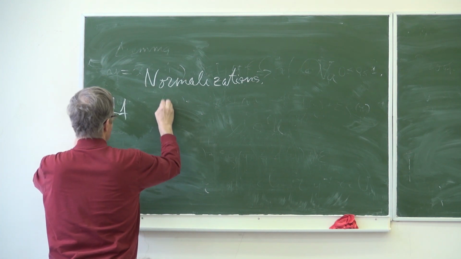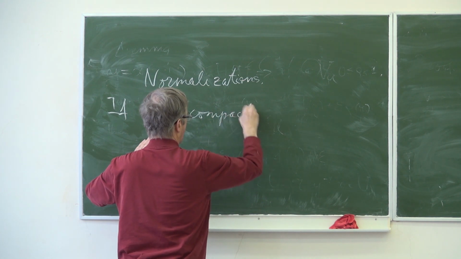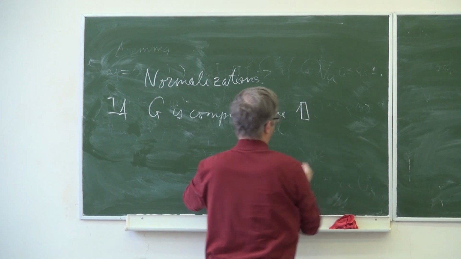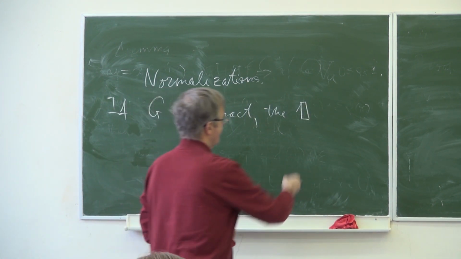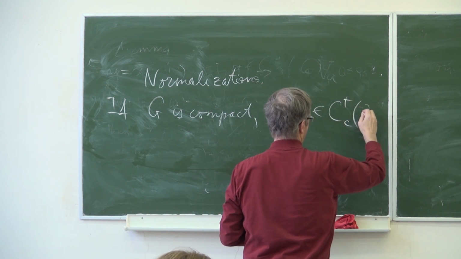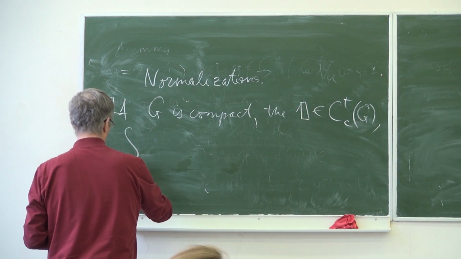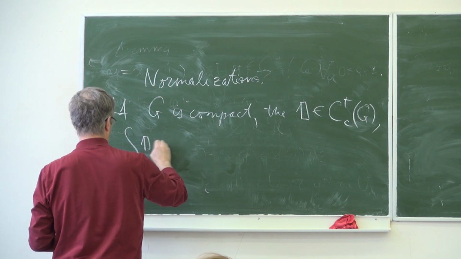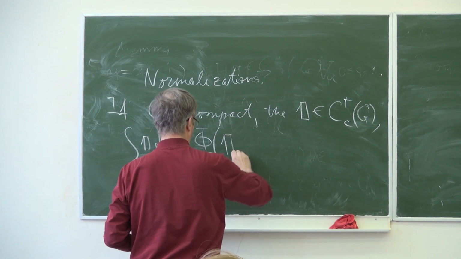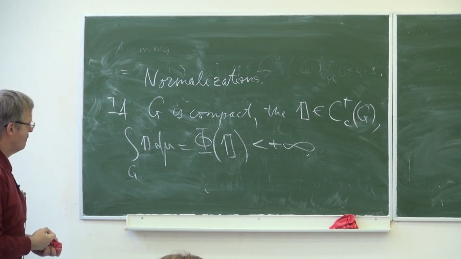If G is compact, then the function identically equal to 0 is, of course, among our test functions. And so we have this.